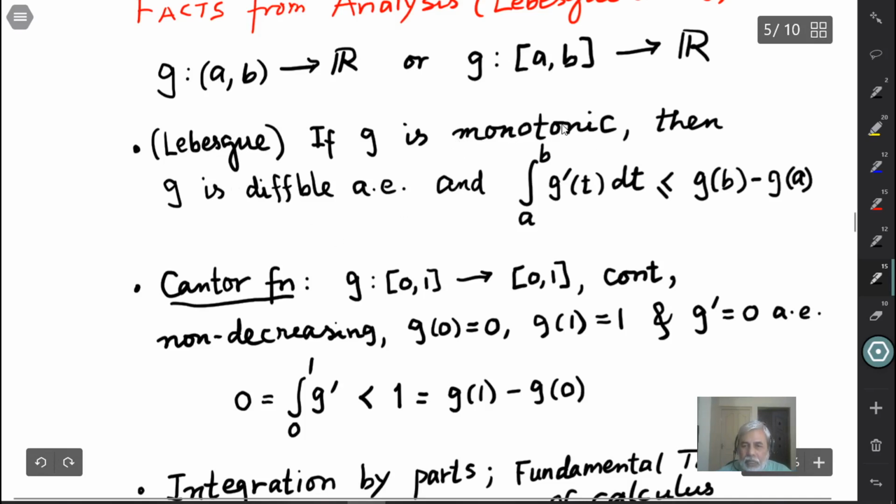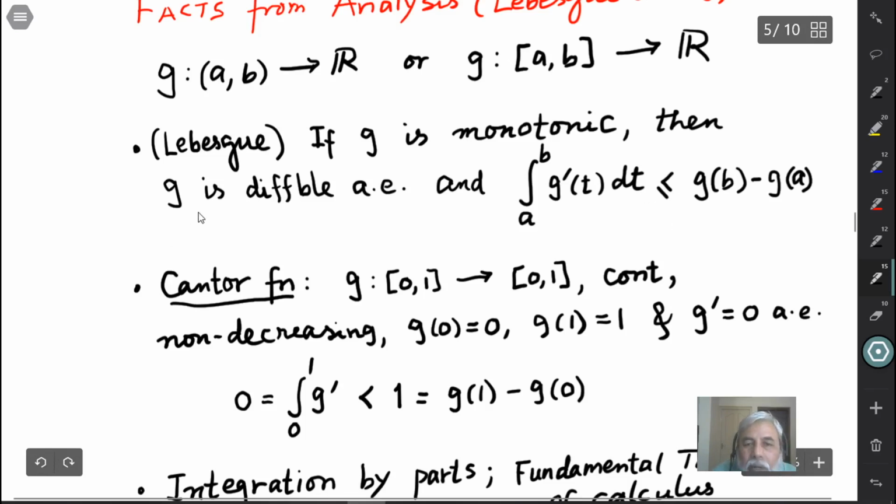Here monotonic means either increasing or decreasing, and this inequality holds: the integral from a to b of g prime t dt is less than or equal to g(b) minus g(a).